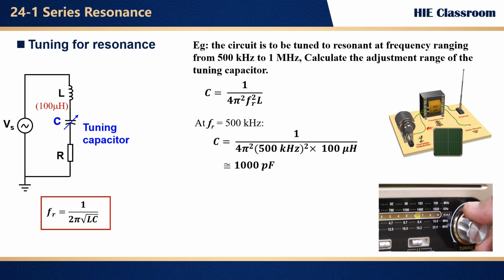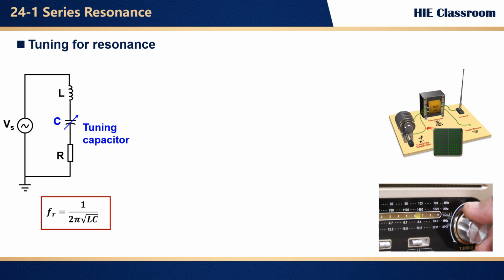Now let's try a frequency of 1 megahertz. Same formula: C equals 1 over 4 pi squared times 1 megahertz squared times 100 microhenry. Turn into the music or talk show you are hearing. Isn't that awesome?